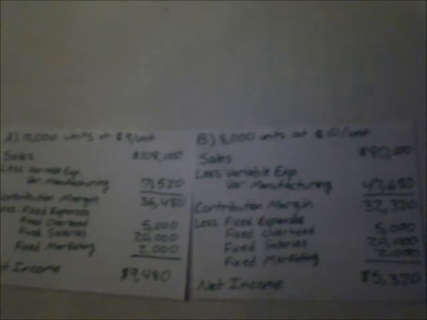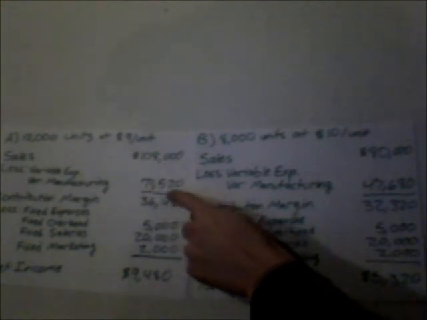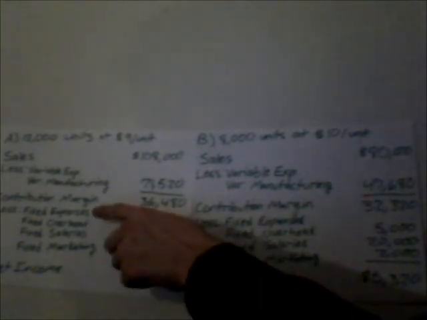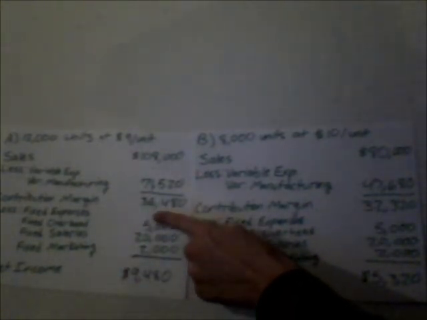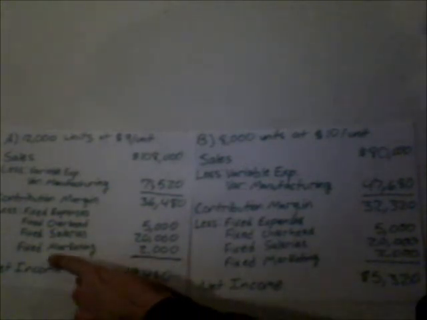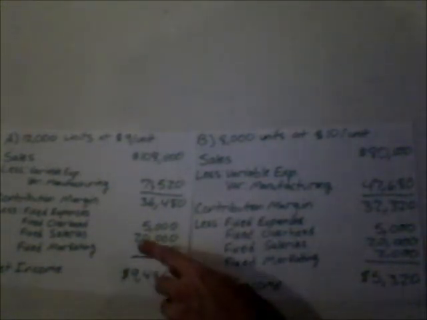Multiply that by 12,000 shirts, we get $71,520. Sales minus the variable manufacturing cost gives us a contribution margin of $36,480. Then we subtract the fixed expenses, which include fixed overhead, fixed salaries, and fixed marketing costs, which are $5,000, $20,000, and $2,000 respectively, to give us a total of $9,480 for our net income.